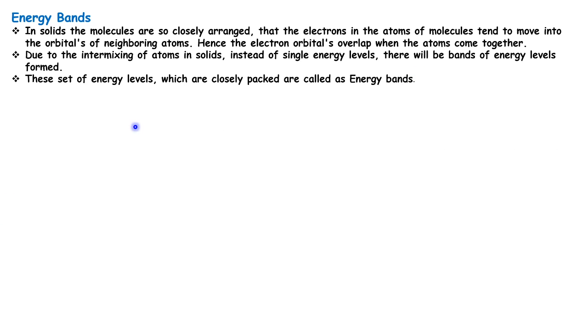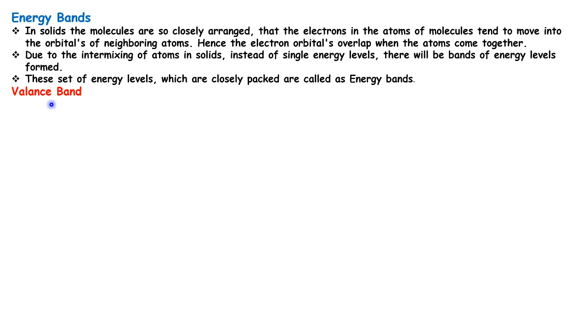Due to this intermixing of atoms in a solid, instead of single energy levels, bands of energy levels are formed. This set of energy levels, which are closely packed, is called an energy band. So this is the energy band of these electrons.